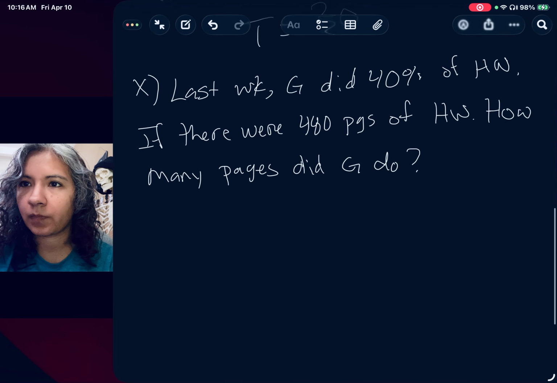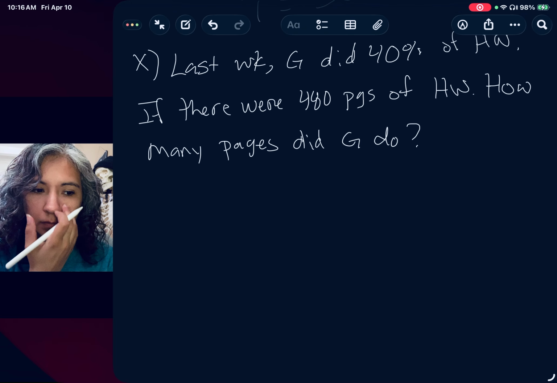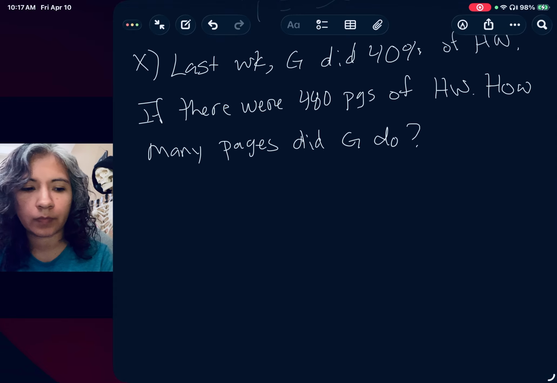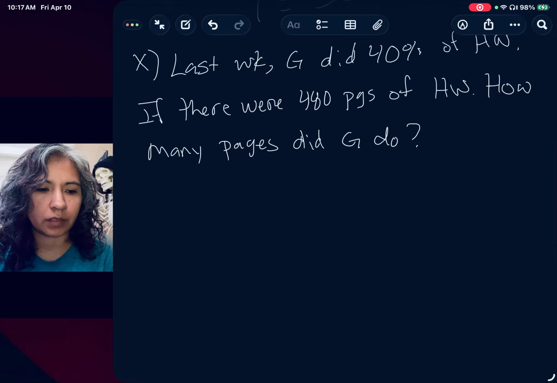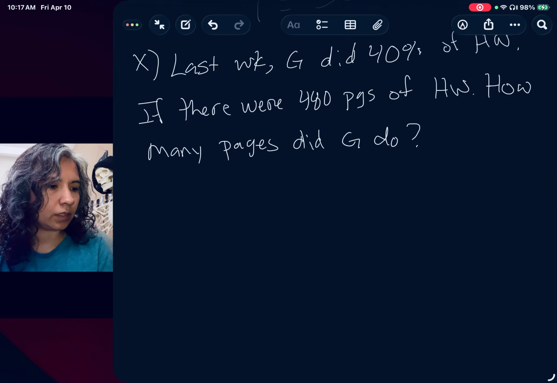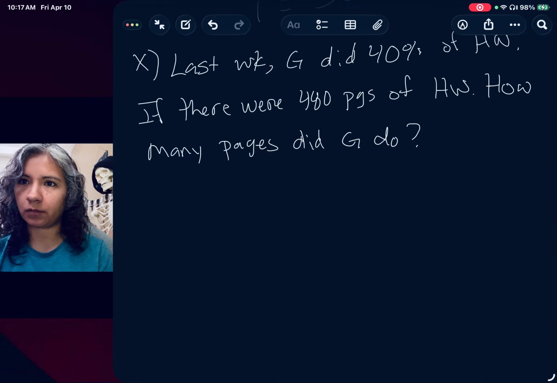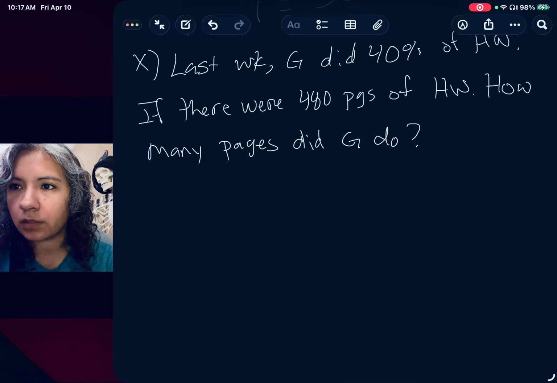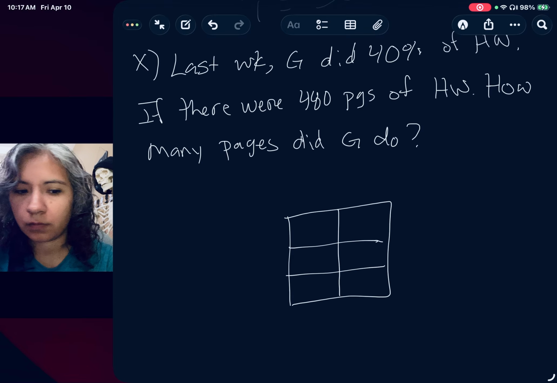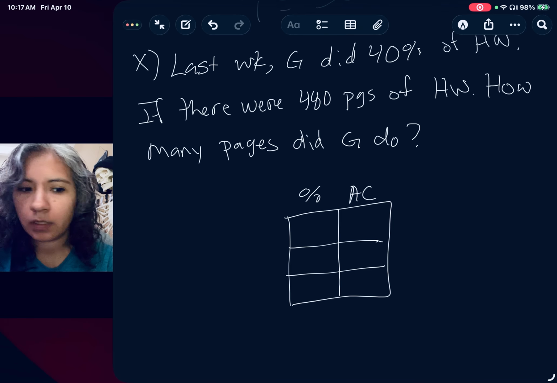Okay, so let's go ahead and do this as a ratio problem. So we know that for percents, or for ratios, the total is going to be 100. So let's go ahead and do a table, and let's do percent and actual count.